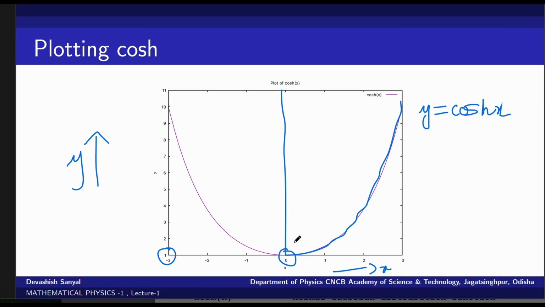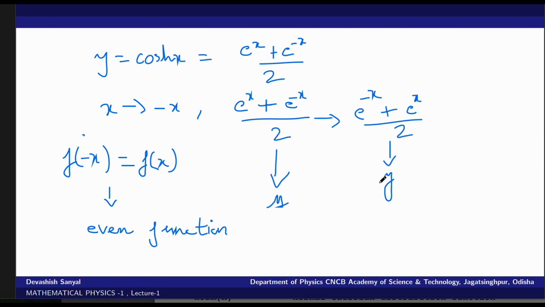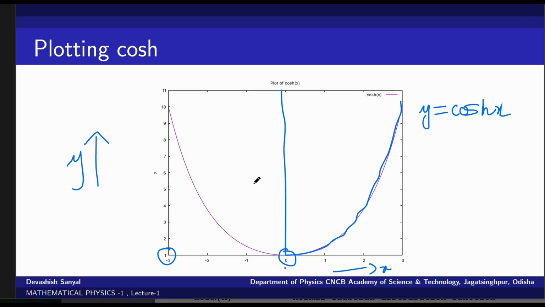Now we know that f of minus x is equal to f of x, that is, this is symmetric. So whatever the nature of y here will be, on the left hand side we will have the exact same form, just like on the right hand side. So this is an even function.